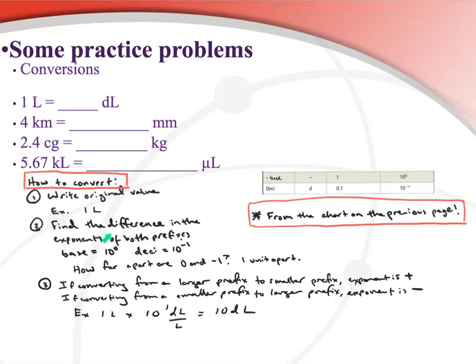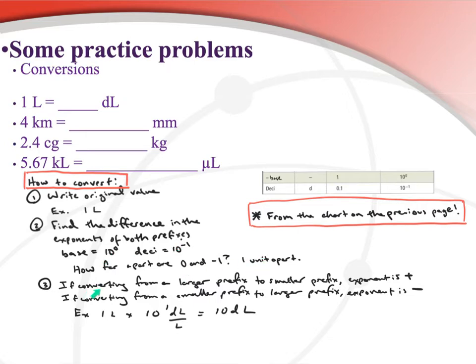So how far apart are they? Find the difference in them. Well, 0 and -1, how far apart are they? They're 1 unit apart. Okay, it doesn't have to necessarily be positive or negative here because it actually matters which direction you're converting, from a bigger unit to a smaller unit or a smaller unit to a bigger unit, as to whether it's going to be positive or negative. For now, you just want to know how far apart are they. Okay, so this is 0 and -1, so they're 1 unit apart.